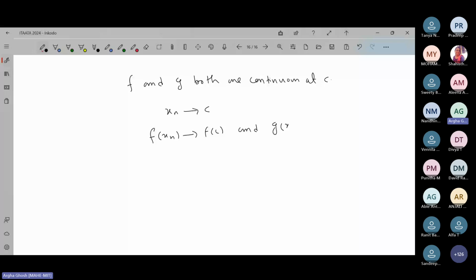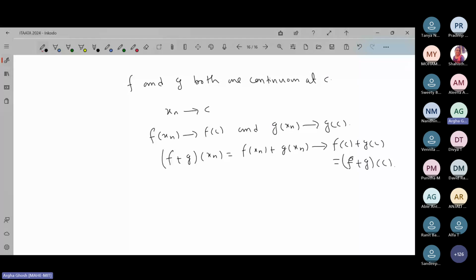Using this, (f plus g) of xn is f of xn plus g of xn, which converges to f of c plus g of c, which is (f plus g) of c. Using the sequential definition, you can prove this type of thing very easily, without using the epsilon delta definition. So the sequential criterion is very helpful.